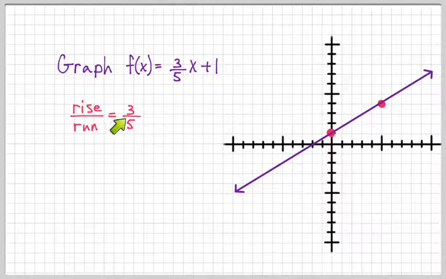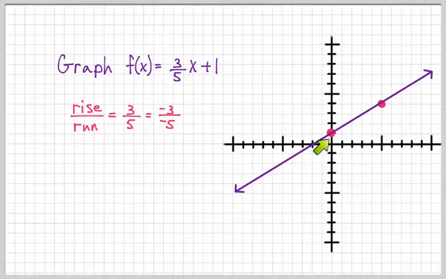Now, let's do the same thing here that we did on the last one, and let's see what would happen. How could we get our second point if we couldn't go up and right? Well, we know that slope is +3 over +5, but that's a positive number. We also could get a positive number if we had negative divided by negative.